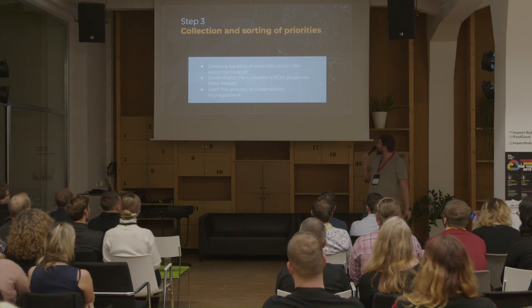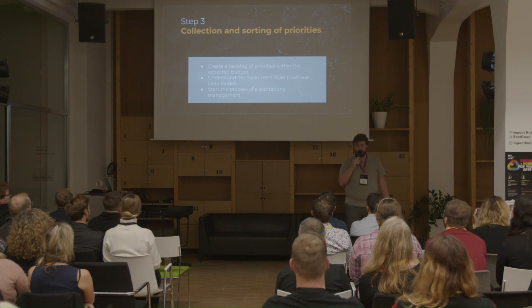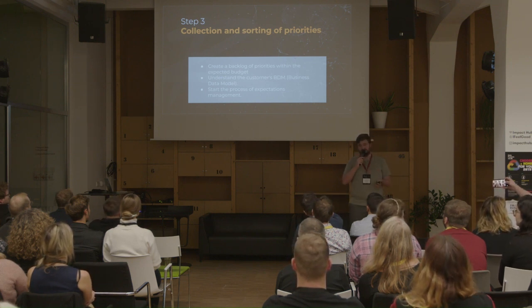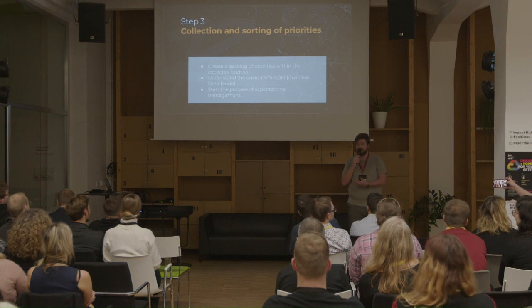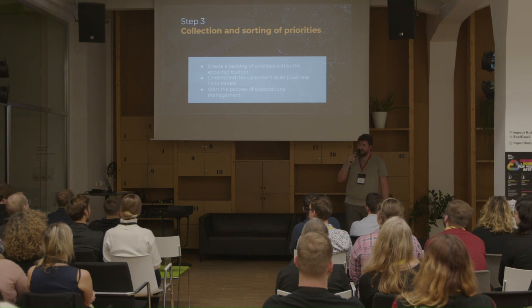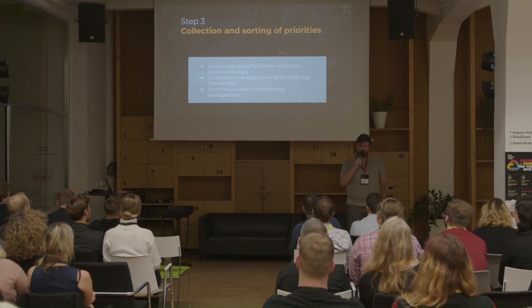In the third step, we need to collect and sort the priorities or epics or tasks. Basically a list of things that the client wants us to build for him or for them. We need to put these tasks into some sort of backlog so we know in which order to tackle these problems.